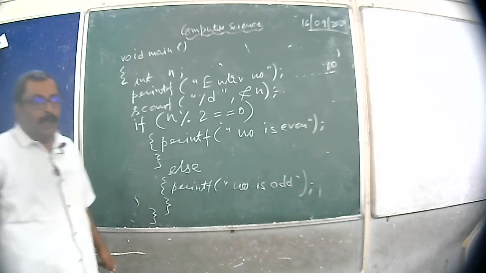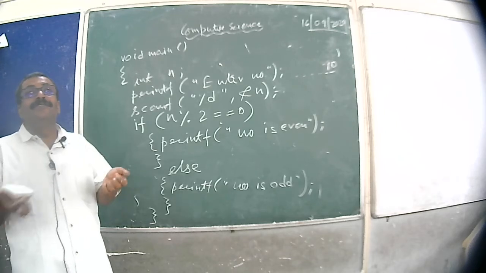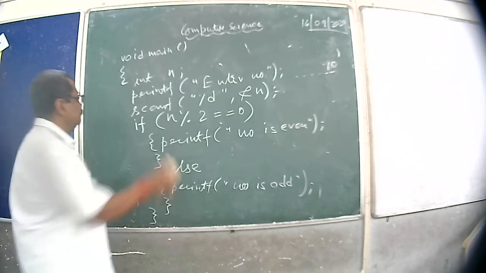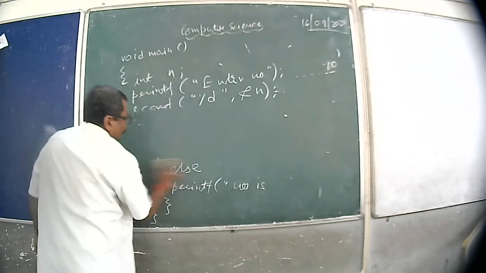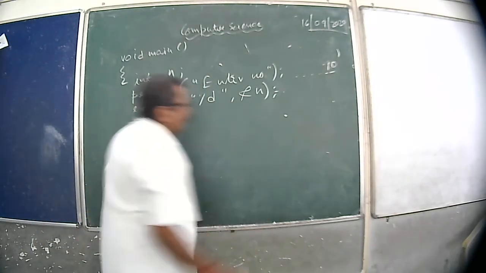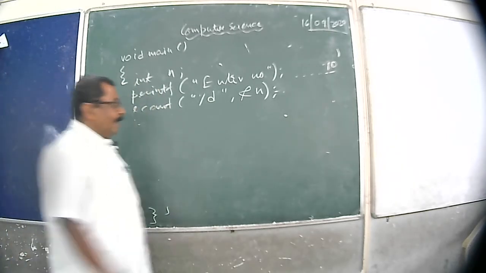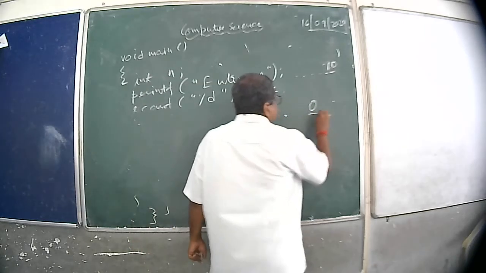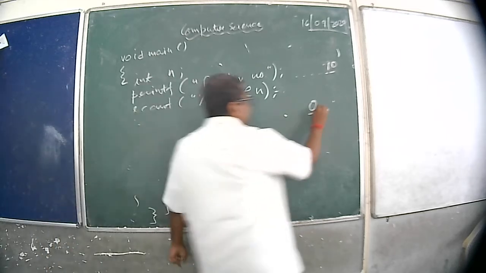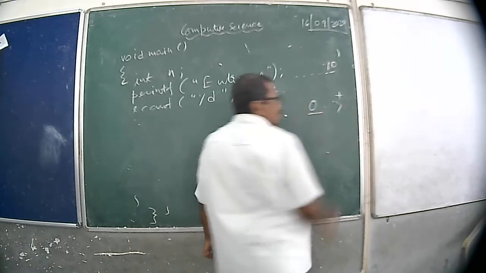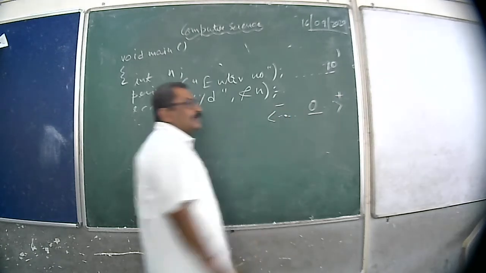One more example of if statement. A program to check whether the number is positive or negative. Very simple. Number is positive or negative, that means a number, 0 is the benchmark, where if it is this side, that means positive, and that side is negative.